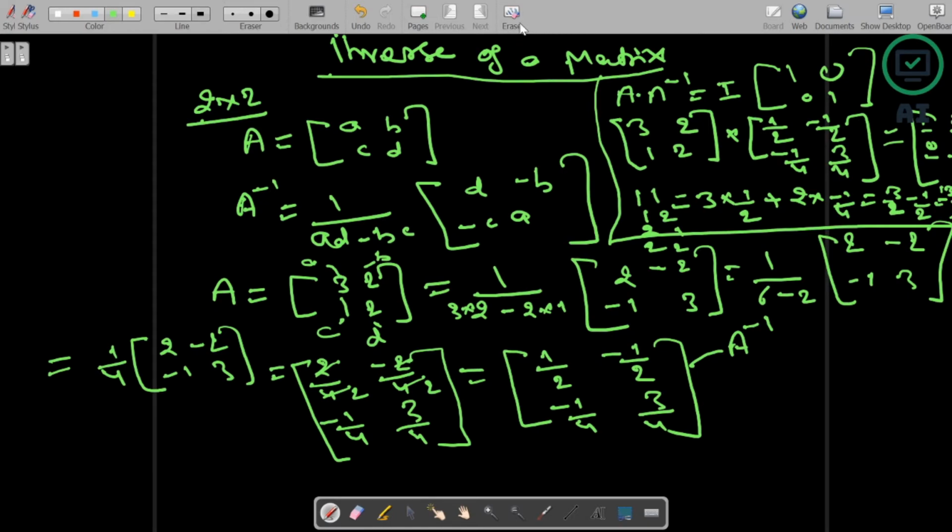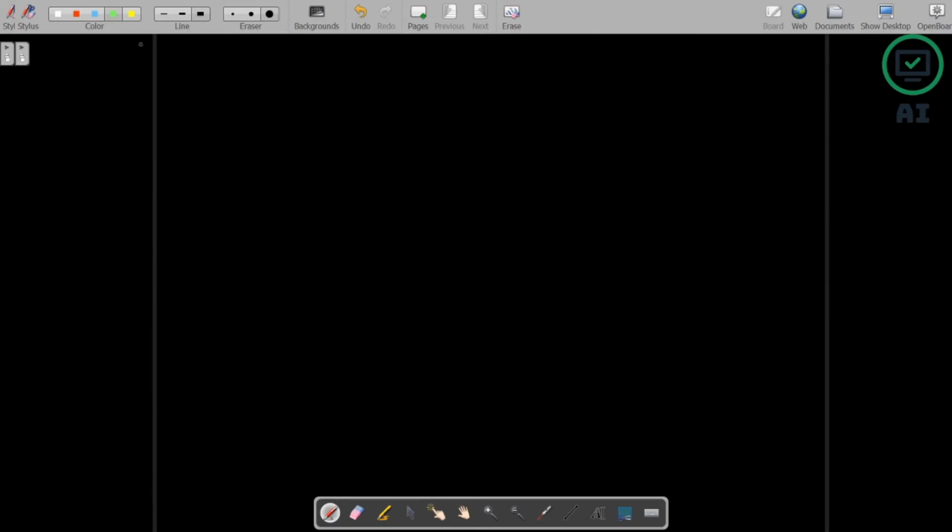So let's go and calculate the inverse of a matrix for 3 cross 3. There is a shortcut for this also, so let me explain that shortcut. Let's take one example.